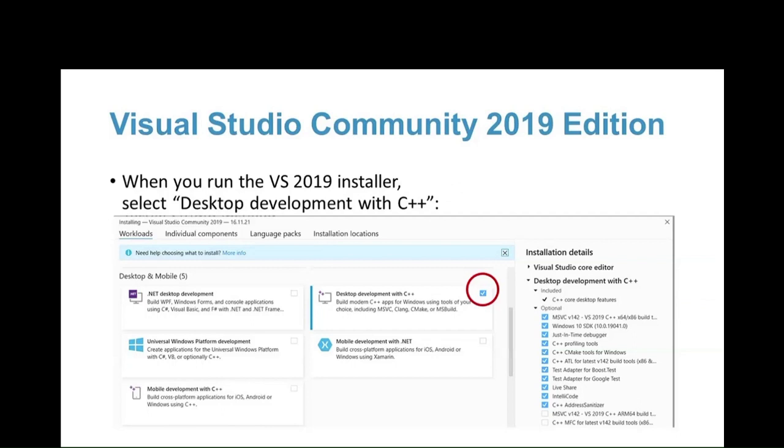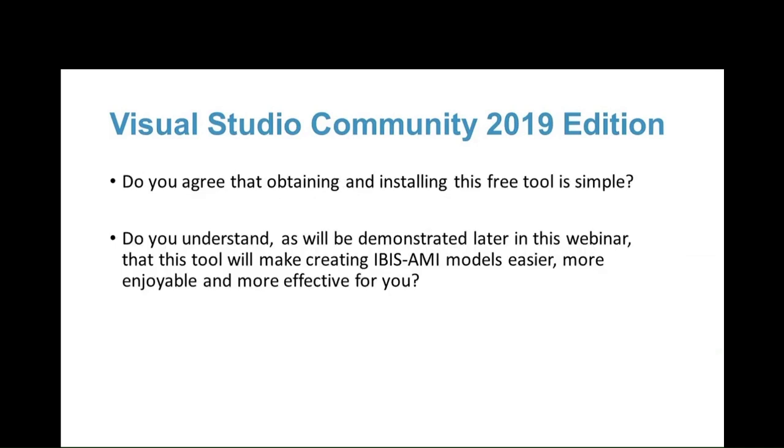You can see I have it circled here. You don't need anything else. That's the one piece that's needed for this. In fact, you don't need to install the entire Visual Studio Edition. And then now you can see that obtaining and installing this free tool is simple.